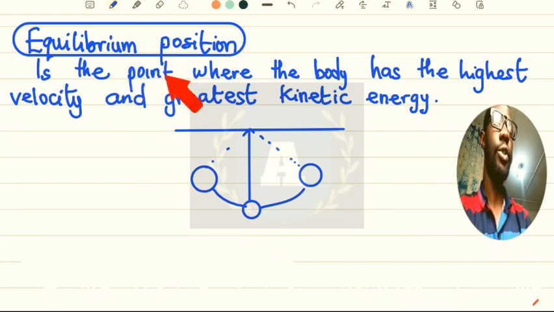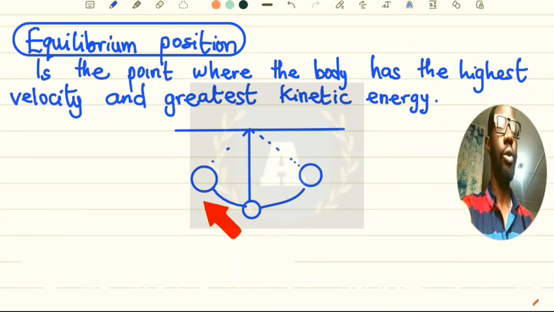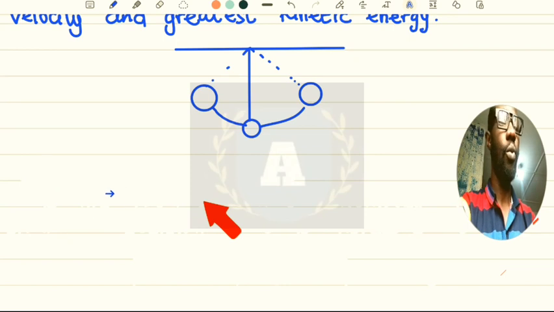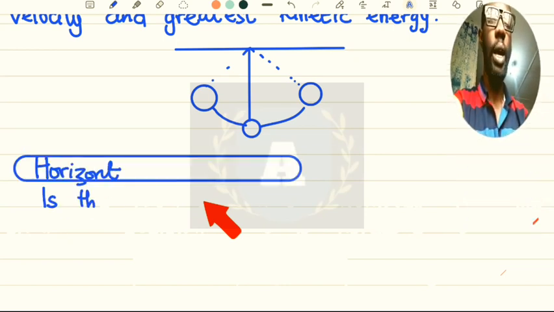So equilibrium position is the point where the body has the highest velocity and greatest kinetic energy. So please do well to note that. That is the second terminology we use in describing simple harmonic motion.